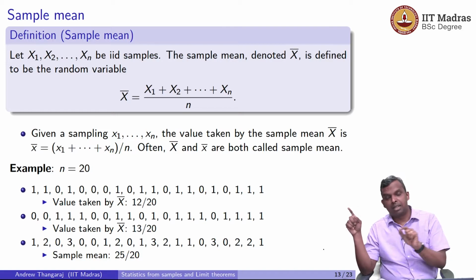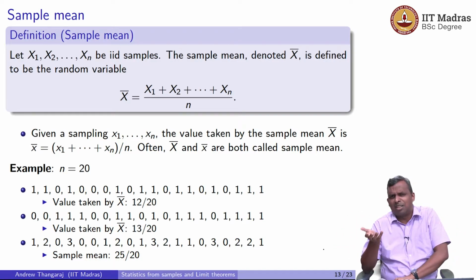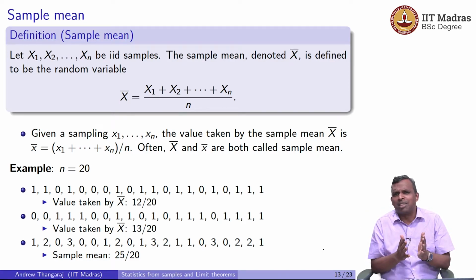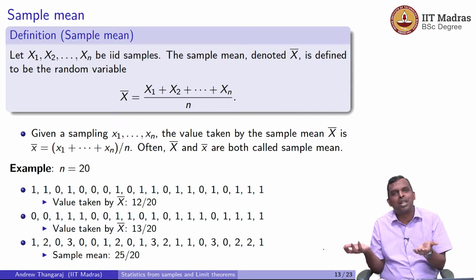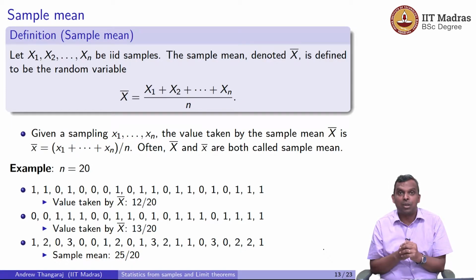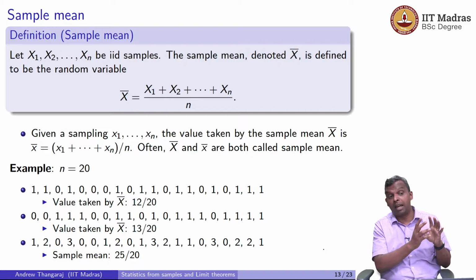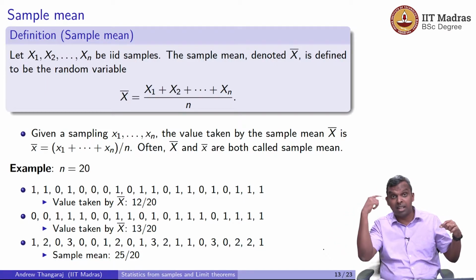So remember that the sample mean itself is a random variable, and it takes different values for different sets of samples. It all seems quite simple, but you'll see soon enough you will get confused about where the probability comes in, and what the value is. The sample average is just one value, so why am I talking about probabilities? All these kinds of confusions will come. So you have to remember the difference between the model for the sample and the data. I have an IID model for the samples: n samples that I am assuming are generated by an IID model.